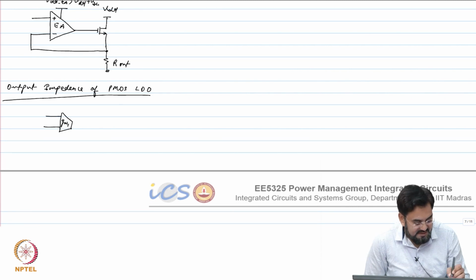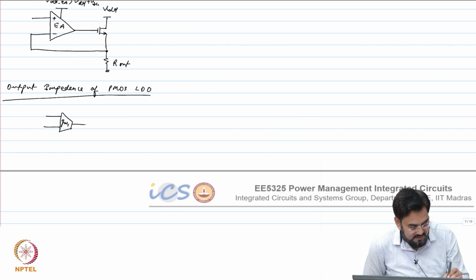Now I am just changing this from GM2 to GM1. And I will call this one GM2, and I will define this pole as omega P1 and the output pole as omega P2. So this is your minus plus.